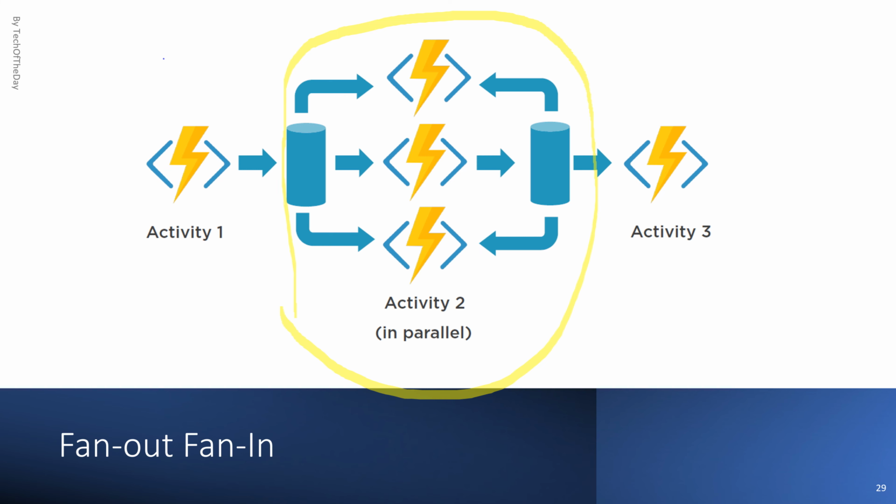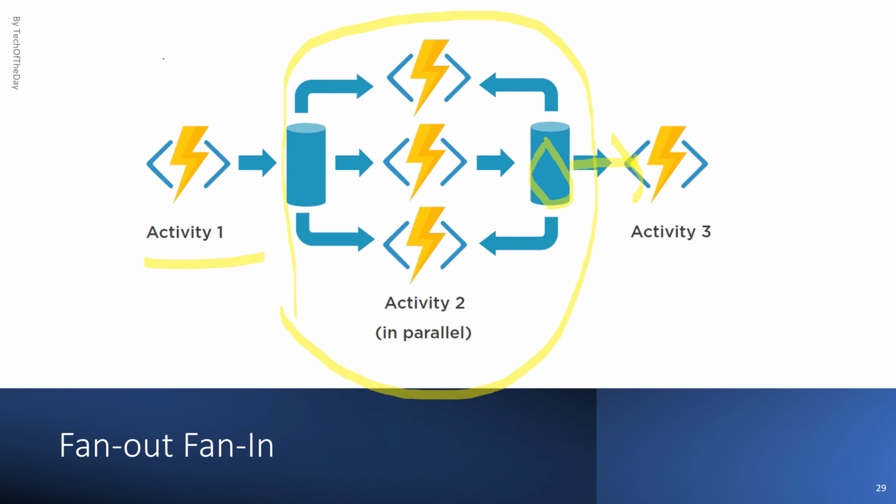And this pattern is very hard to achieve without the use of a framework like durable functions. So basically, you start your activity 1 and then you do activity 2, which is a parallel execution of multiple functions, and then in the end you wait for all of them to execute here, and then once they execute you go to the next activity.